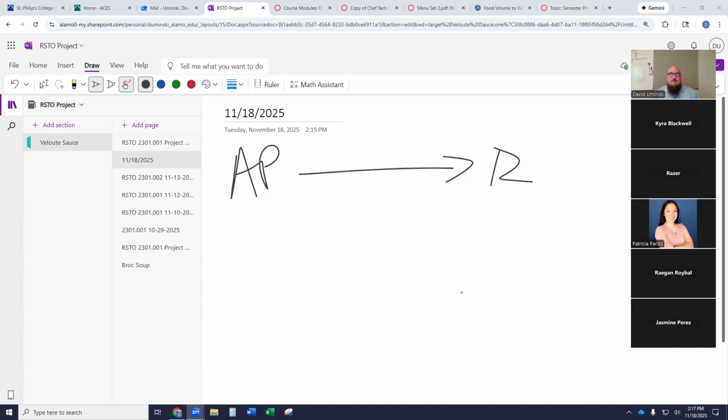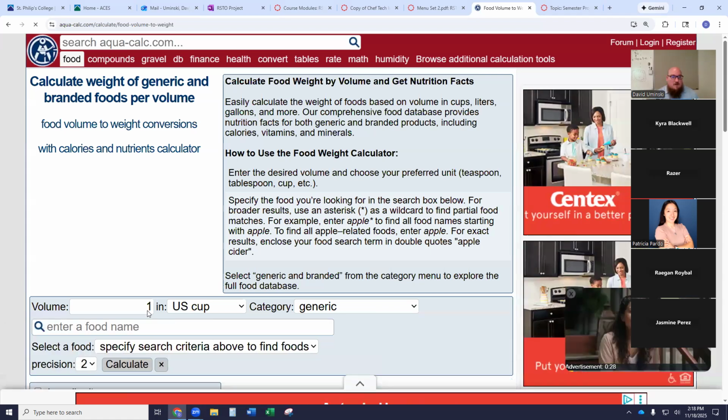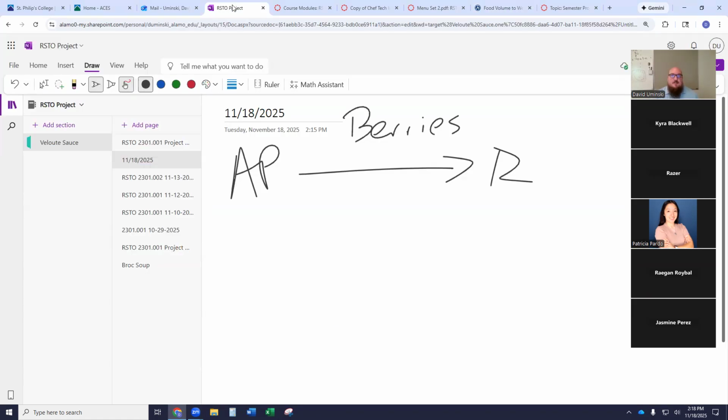So for the berries, for the fillings and garnish, we would have to do the conversion. What is the as purchased?